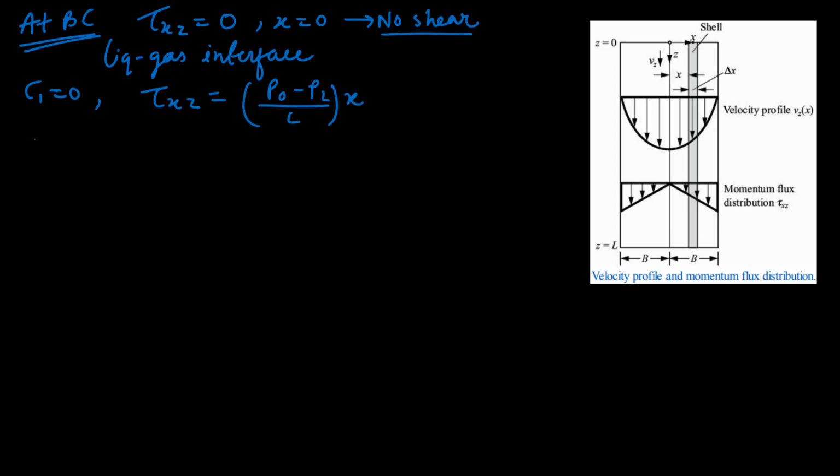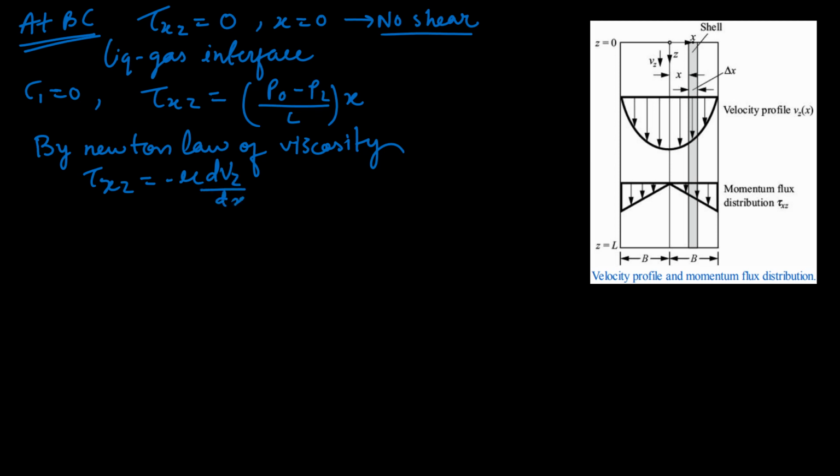Now by Newton's law of viscosity, tau xz is equal to minus mu dVz upon dx.